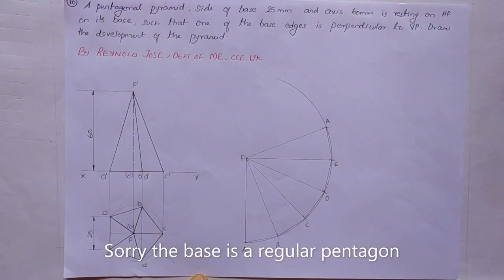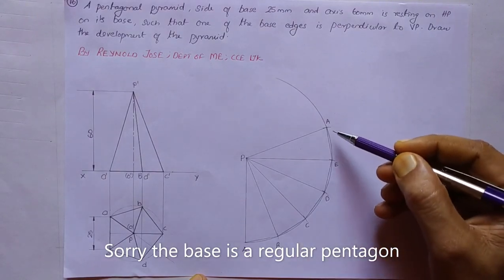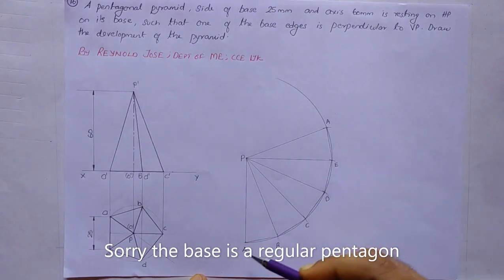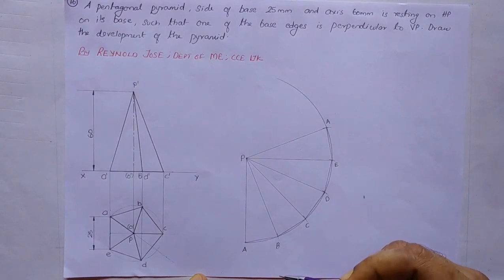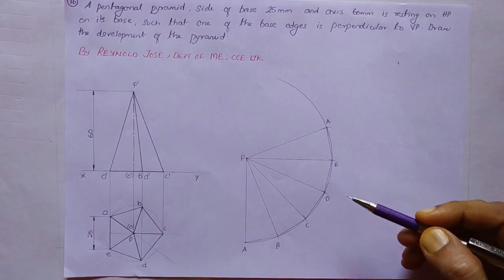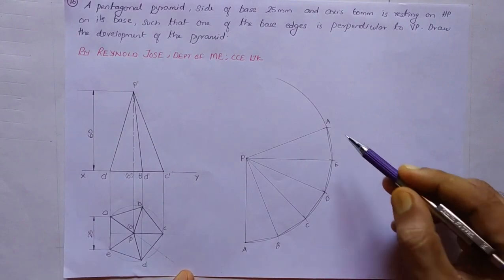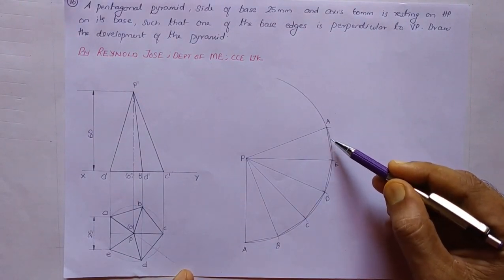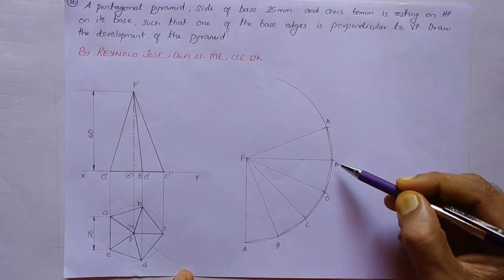Actually you can fit the base along any of the base edges, either AE or DE or any of the base edges here. For the time being, I am fitting it to this base edge, which is AE. So we shall construct a regular pentagon with base edge AE as our reference.